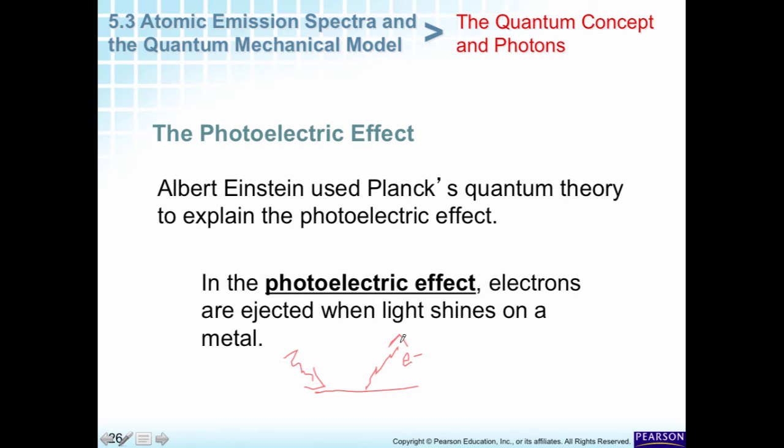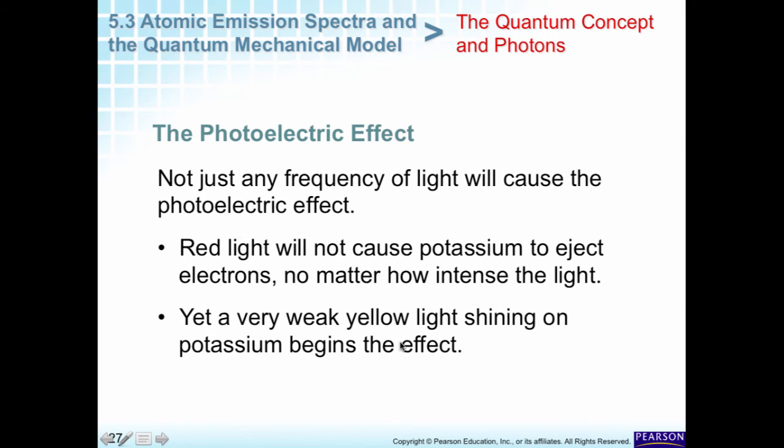If you think about it, it's kind of weird, because it would make sense if we were taking a billiard ball and hitting something and making a chip come off, because we actually have a collision. In this case, we're talking about light, which we think of not as a particle, but because electrons are so small, light is acting like that big billiard ball and pushing those electrons off the metal.